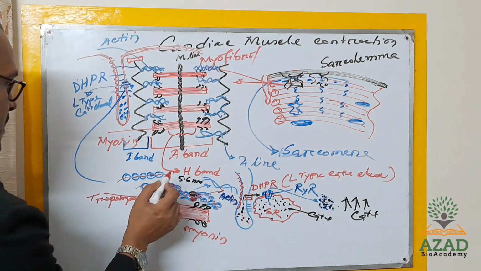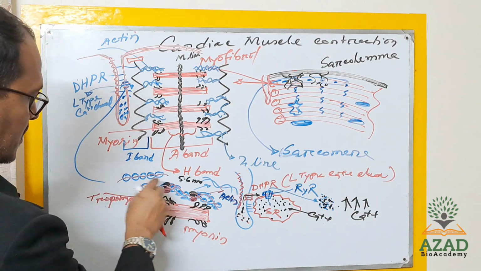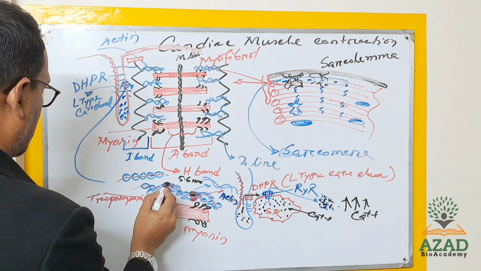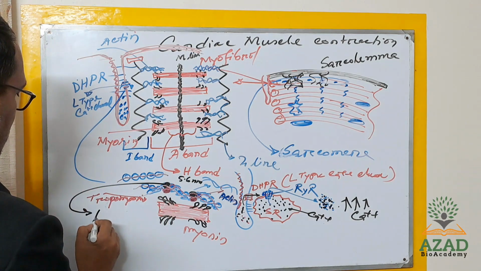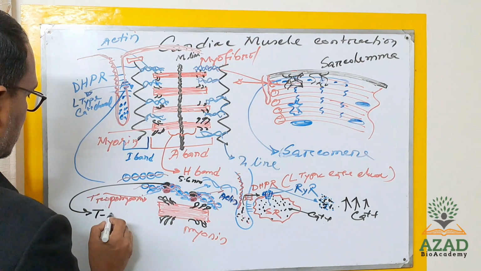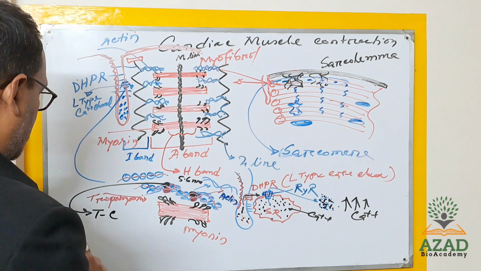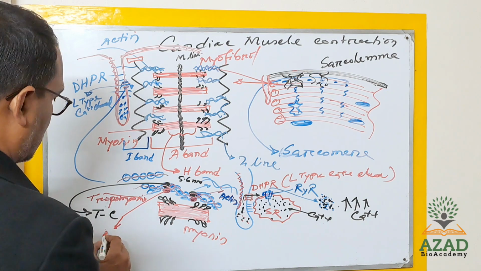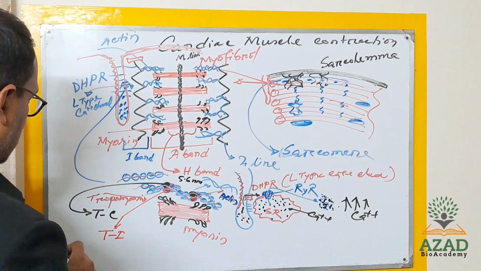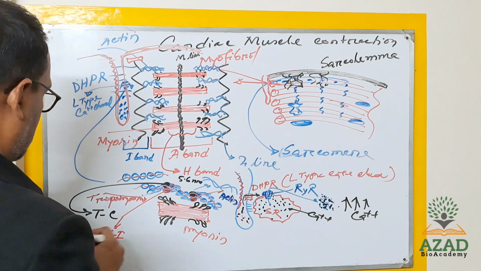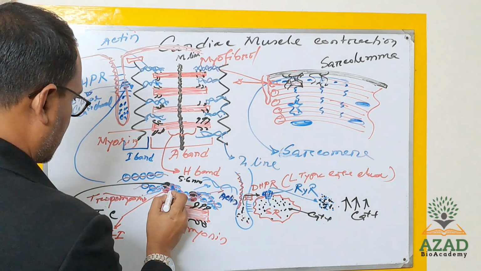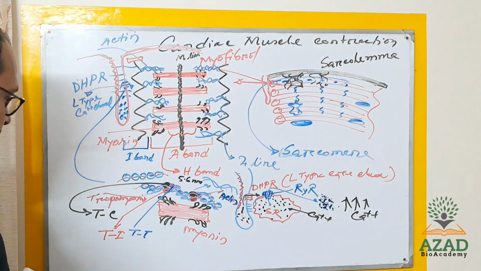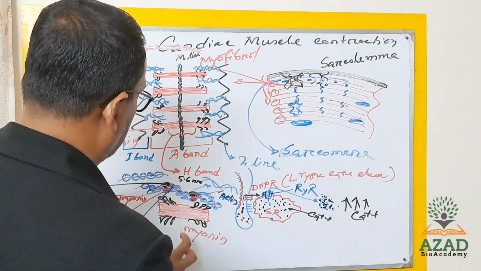I tried to show you in three different colors. The black one is troponin C, the red one is troponin I, and the blue one is troponin T, and they have several roles.